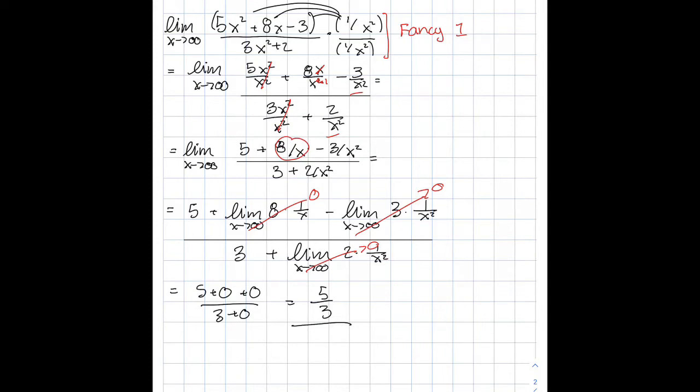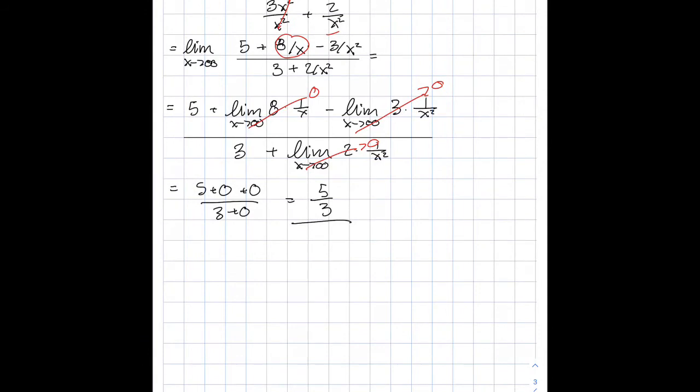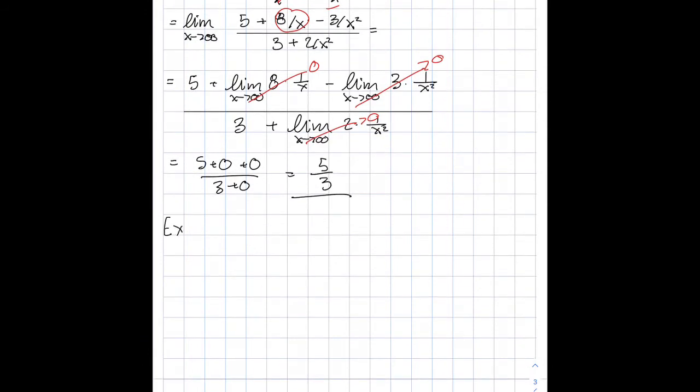All right, so we're not always just going to get a nice little number. So let's do another example. Find the limit as x approaches negative infinity of 11x plus 2 divided by 2x plus 11.